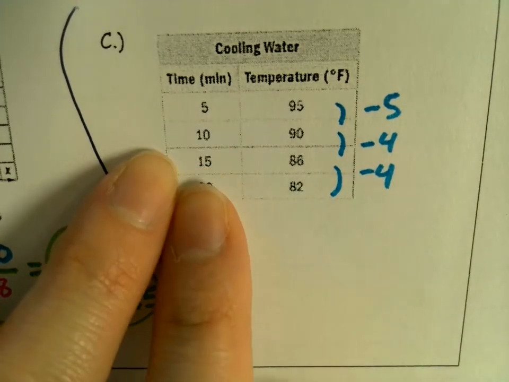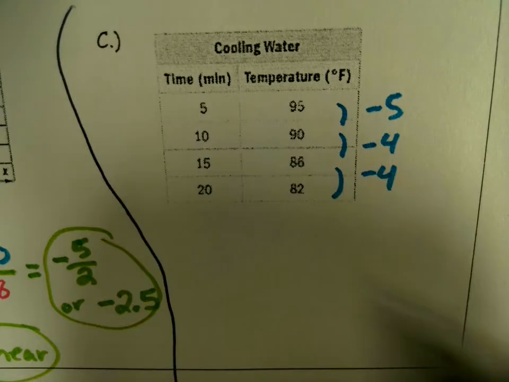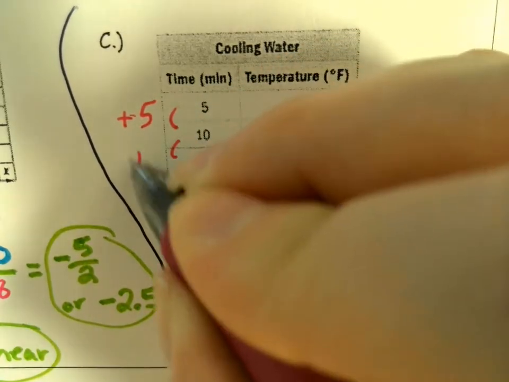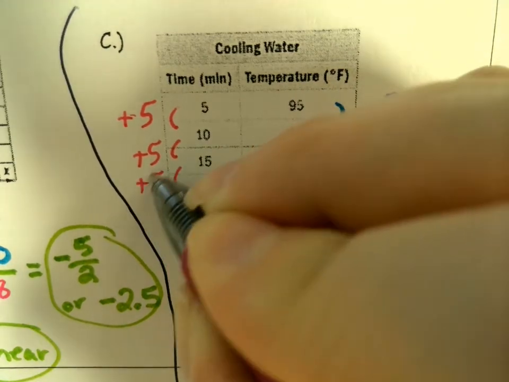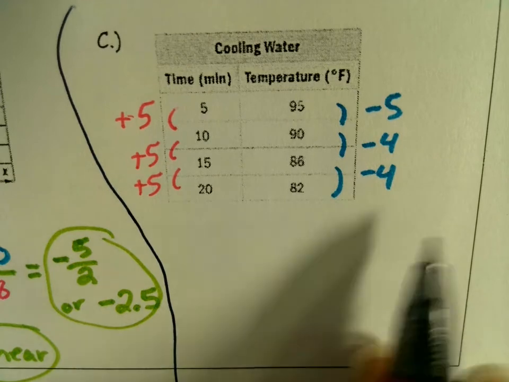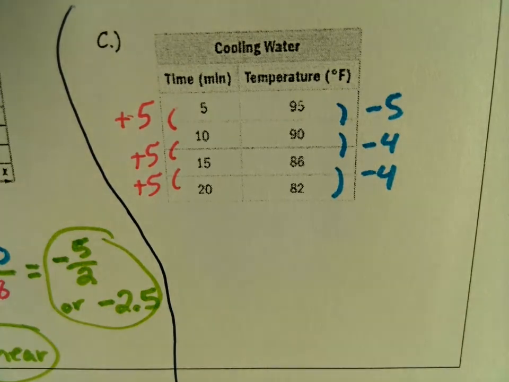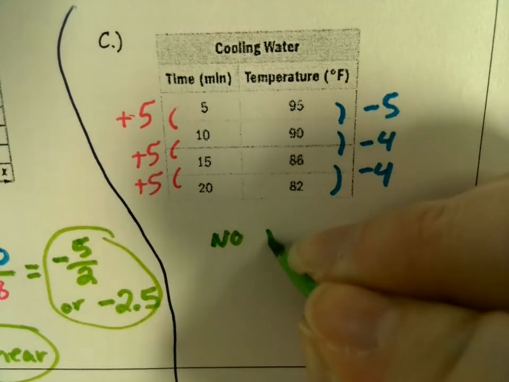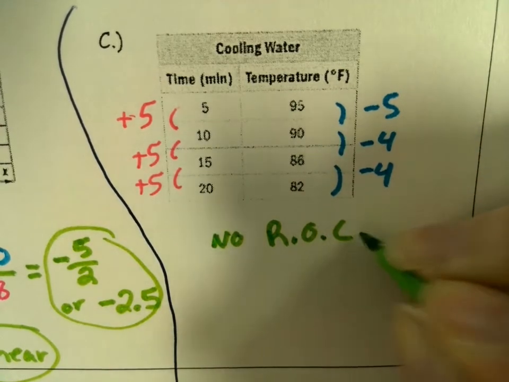But when we look at the x, it is increasing by 5 every single time. So x has consistency, whereas the y does not have consistency. That means it cannot be a linear relationship. There is no rate of change. Therefore, that means it is nonlinear.